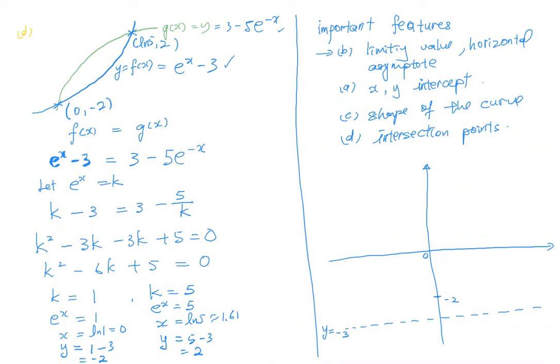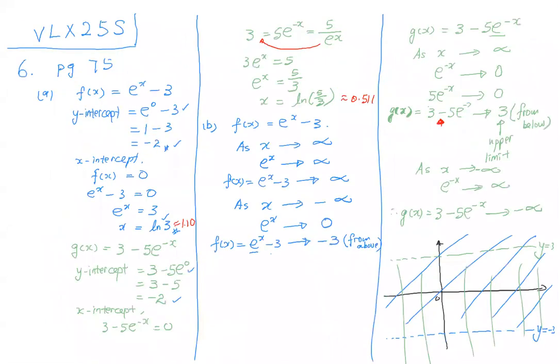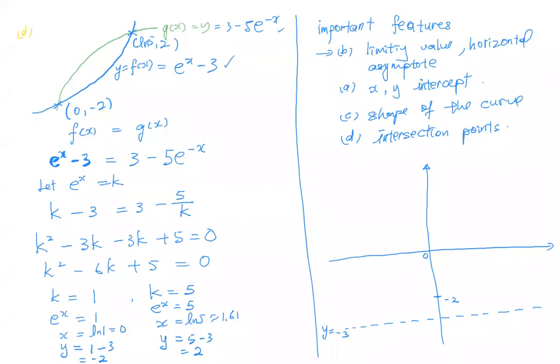And what is the x-intercept? ln 3 just now, am I right? And we get the approximate value for ln 3, am I right? 1.1. So 1.1 here. So the graph goes like that. Here is ln 3.